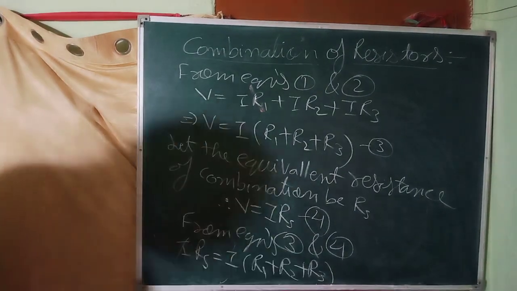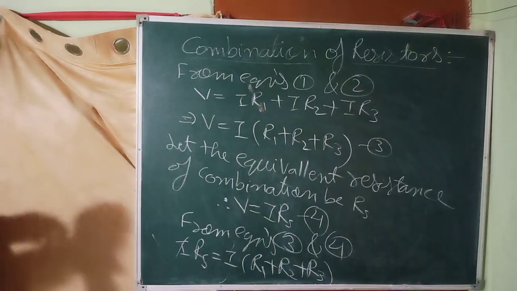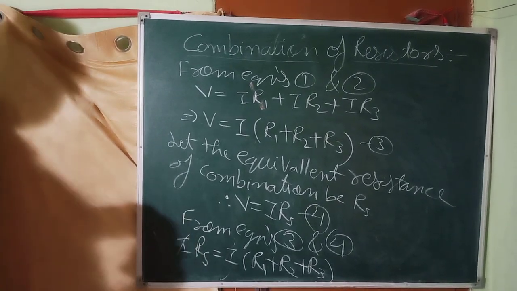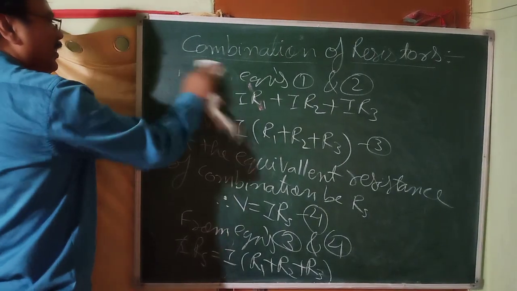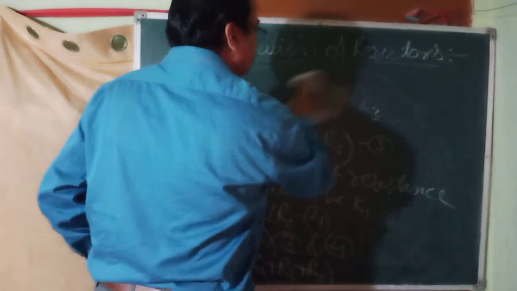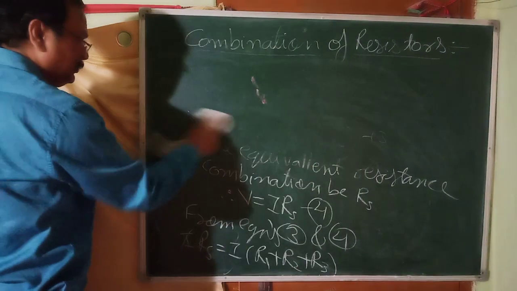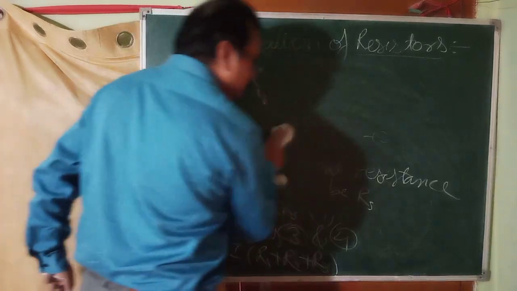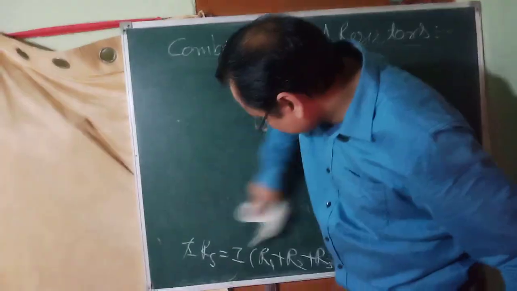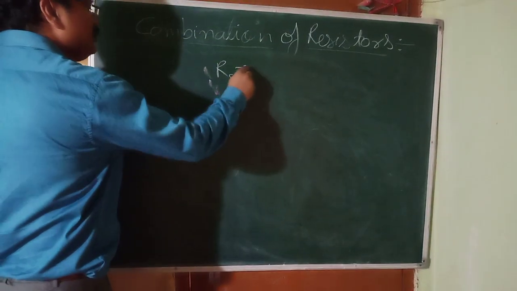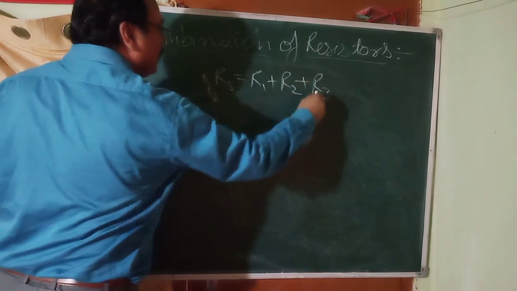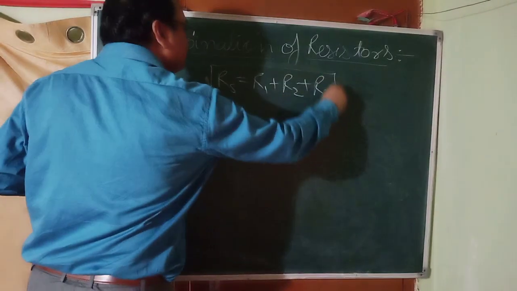We are left with RS is equal to R1 plus R2 plus R3. This is the formula for series combination.